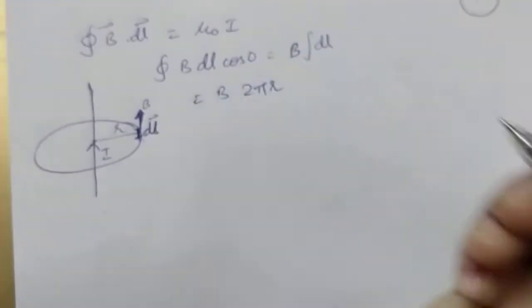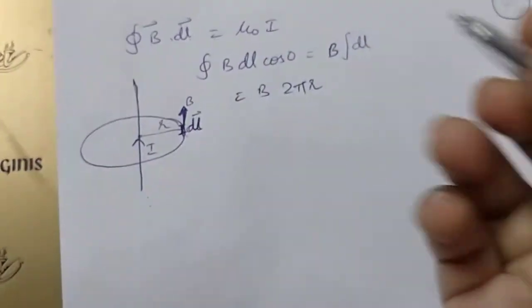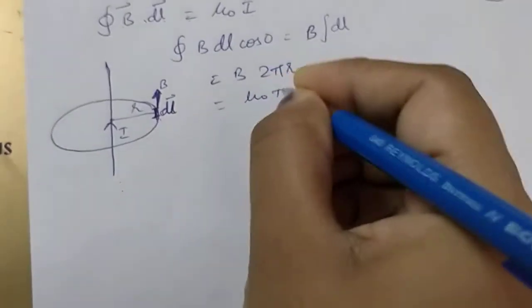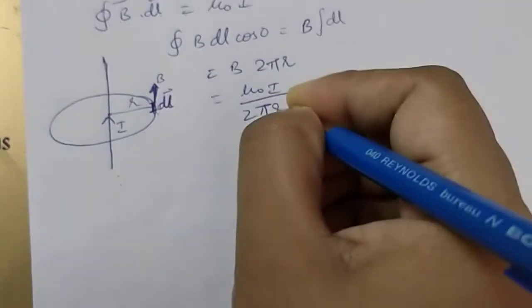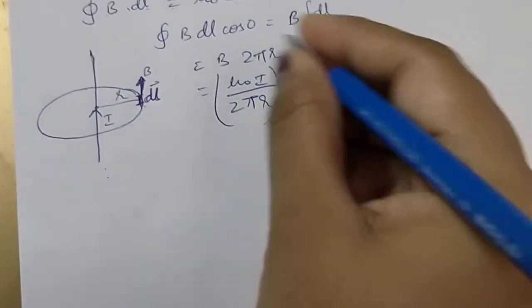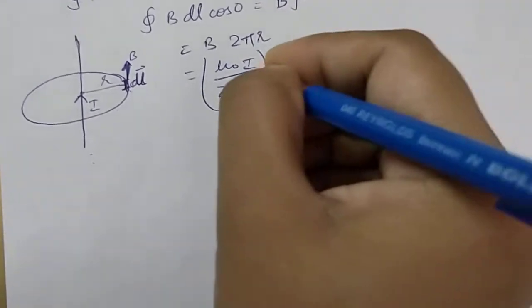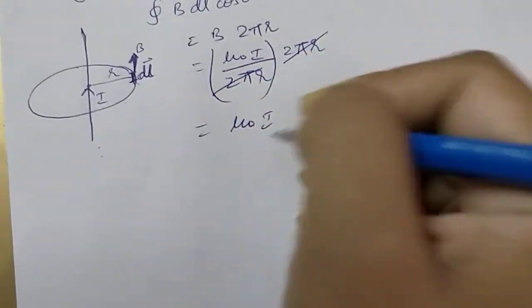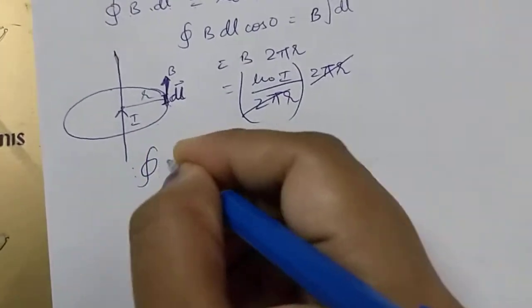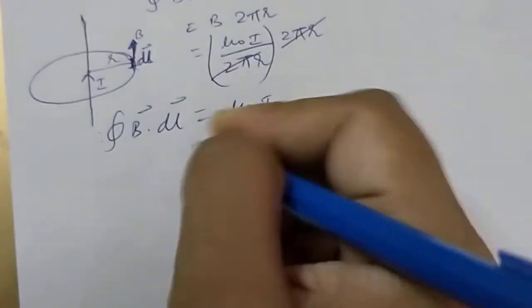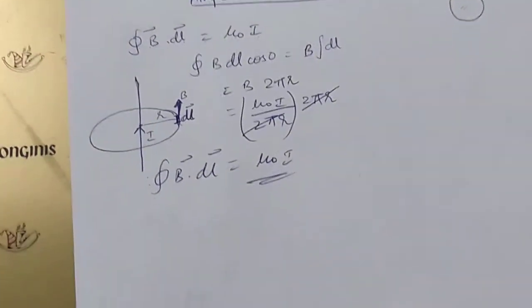Now what is magnetic field due to an infinitely long straight wire? It is equal to mu naught I by 2 pi r. This is the value of B, and this 2 pi r is here. So 2 pi r cancel, I'll get mu naught I. So we just proved that closed integral B dot dl is equal to mu naught I. This is the proof for Ampere's circuital law.